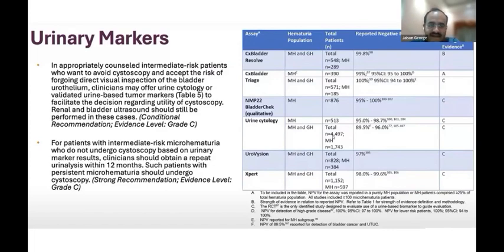Here you can see the commercial validated assays like CxBladder Resolve, CxBladder Triage, NMP22, urine cytology, and Urovysion. These assays can be used in those in the intermediate risk category, but they are not for use in higher risk patients. These assays are validated, so they will give us an idea whether we have to proceed with cystoscopy or not.